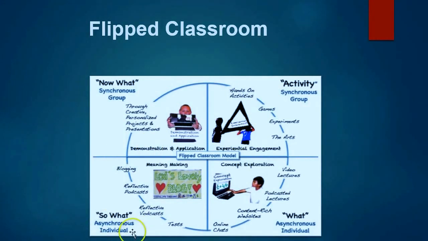Asynchronous, individual: reflecting, podcast, videocast, tests. And asynchronous, individual: online chats, content through websites, postcards, video lectures. So this is a totally different environment for the flipped classroom. The student needs to be really very active.